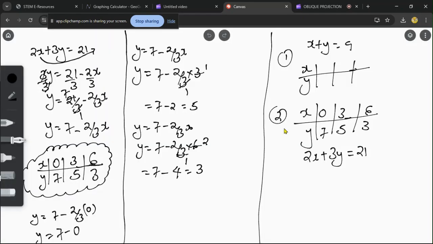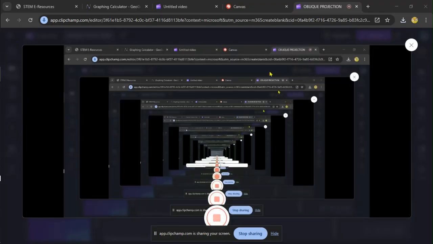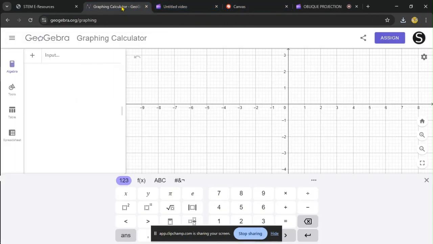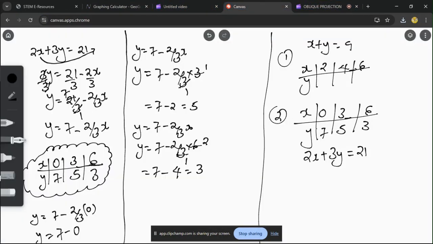So I write here 2, 4, 6. Right, so we check that. I've picked 2, 4, 6.